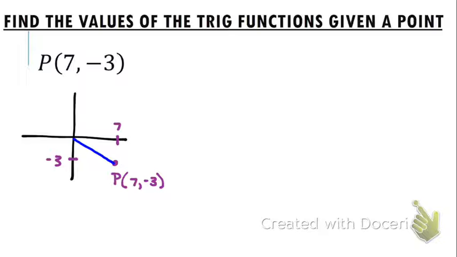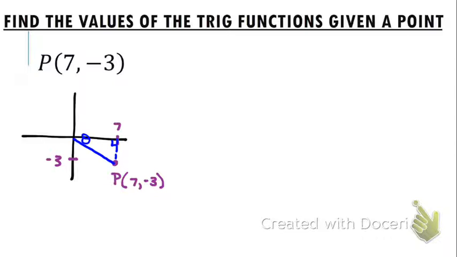Why do we connect it back to the origin first? Where's theta? Theta is always going to be right at the origin, or right by the origin. So theta is right here, and then we go to our x-axis, because the x-axis is my adjacent side, always.